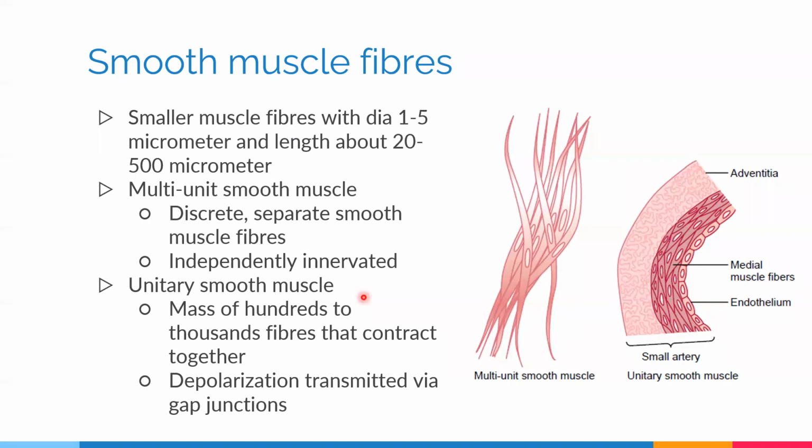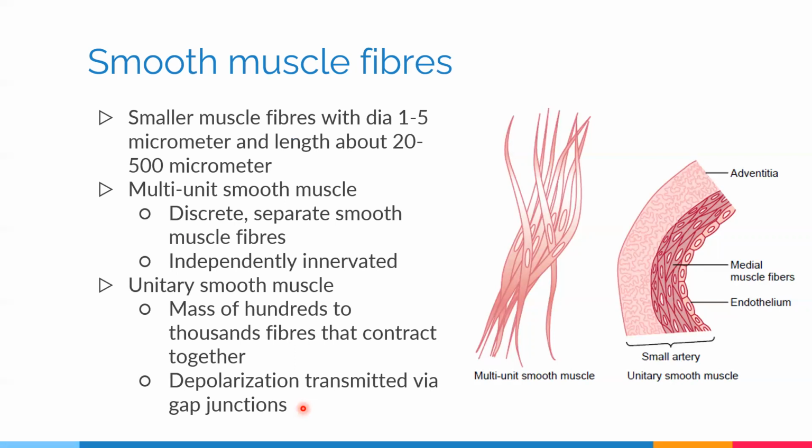And the other type of the smooth muscle is the unitary smooth muscle, which has a mass of 100 to 1,000 fibers that contract together. For example, the urinary bladder can contract at once. The depolarization is transmitted via gap junctions. So, what are gap junctions? Gap junctions are particular junctions present between muscle fibers that allow the flow of ions through them.